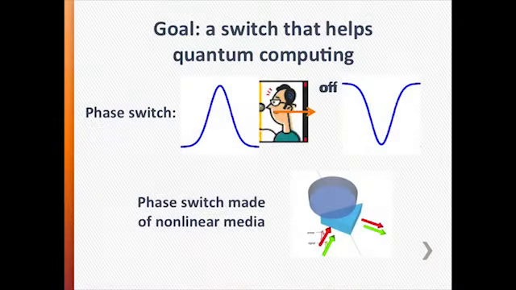The research I've been doing is to try to build a switch using this nonlinear media, which helps quantum computing. Just like the light switch that turns light on and off, there are a lot of switches in a classical computer that turn the value of a bit from 0 to 1 or from 1 to 0 according to the computation order you send to the computer.